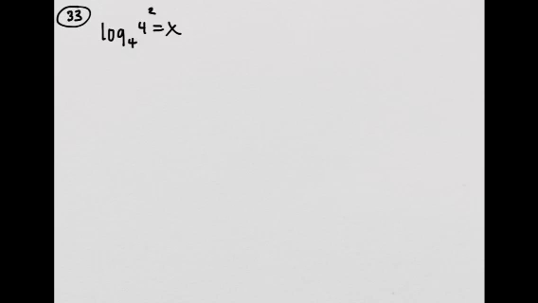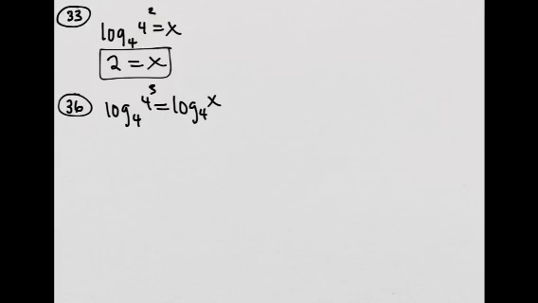So on 33, we're solving for x, and remember, we have a property that says if this base and this base are the same, then this log just equals 2. So 2 equals x. Alright, so 36 is a little different. It says log base 4 of 4 cubed equals log base 4 of x.